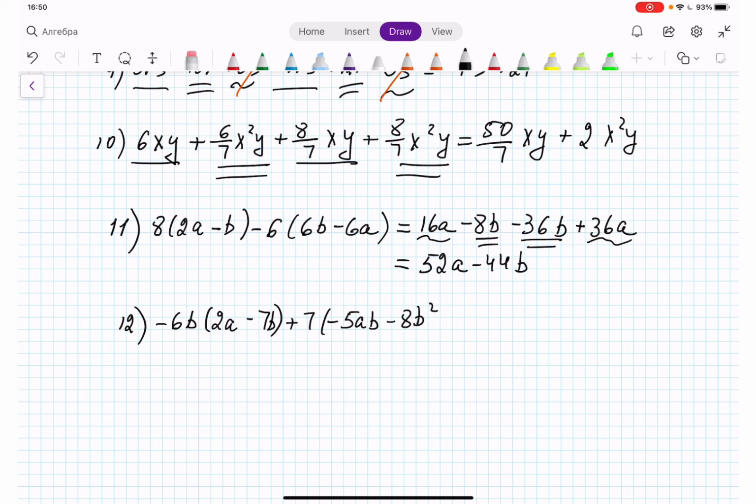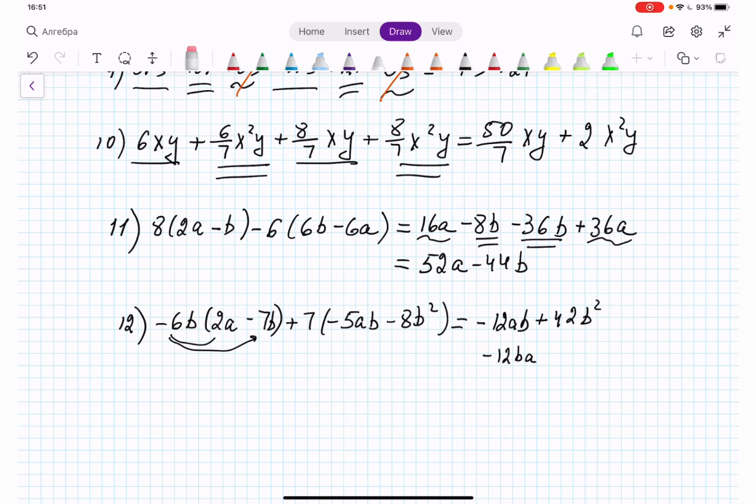Okay, what do we have? Negative 6b times 2a is going to be negative 12ab, and negative 6b times negative 7b is going to be plus 42b squared. By the way, this 12ab, you could successfully put 12ba, doesn't matter at all.